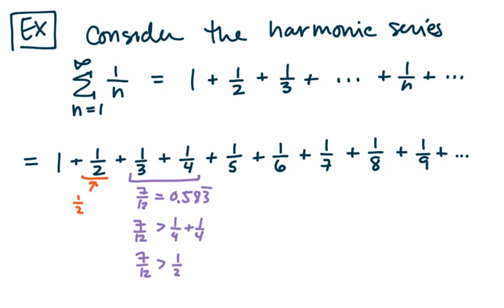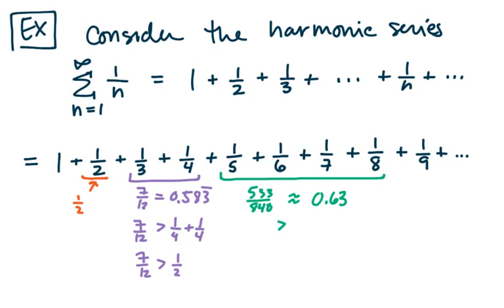So now I'll look at the next 4 terms. And if I were to add those together, I get a big ugly fraction, 533 over 840, which is approximately 0.63. That value is bigger than 1/2, right?